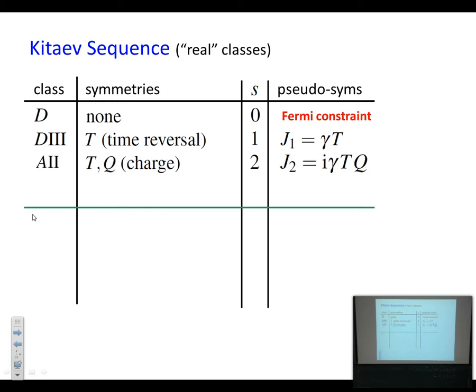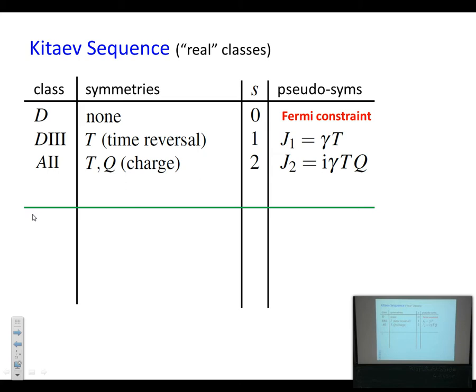Now we can continue. For the next true physical symmetry, we add charge conservation. So the U1 group behind it, or the generator thereof, the charge Q, allows us to form a second operator, J2. You easily check, using the physical properties of these, that J1 and J2 anti-commute.